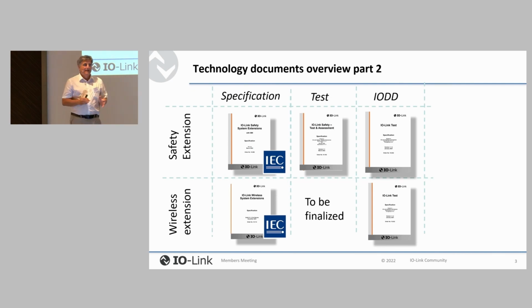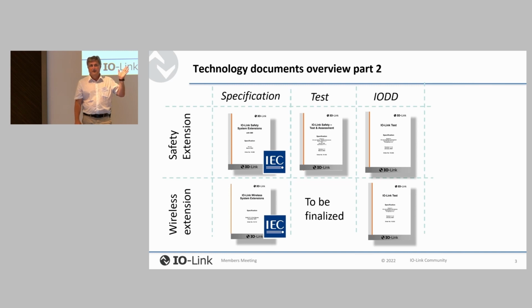But that is one part. The other part is, as we saw right now, the wireless part and the IO-Link safety part. For sure, we have papers there too. We have the safety extension, we have the wireless extension, and the tests, and the IODD. Okay, it's the same IODD for all, but the papers related to that are also there. And again, for the safety extension, we have reached this month the final state for IEC.